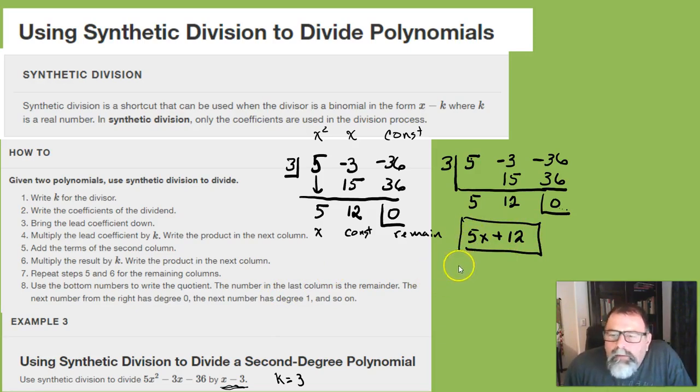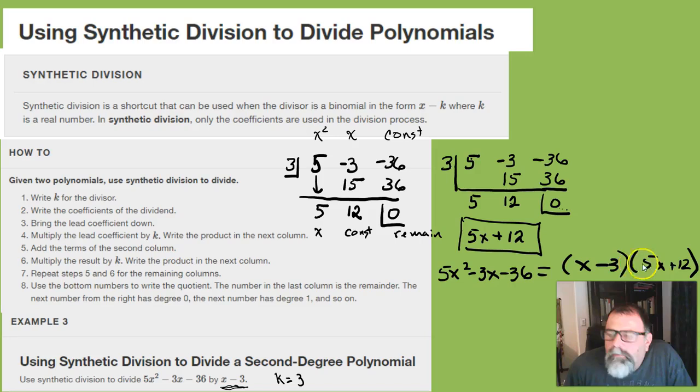So again, since the remainder is 0, that tells us that 5x plus 12 and x minus 3 are factors. So using the division algorithm, the divisor was x minus 3, and then the quotient's 5x plus 12 with the 0 remainder.